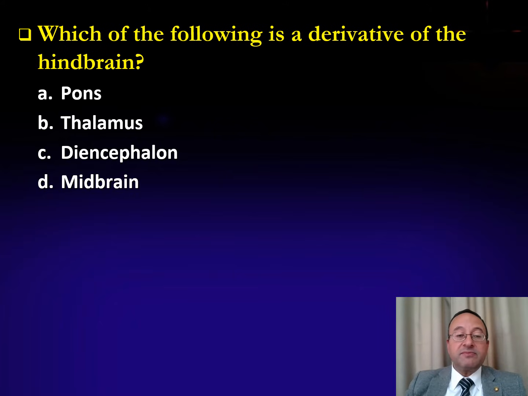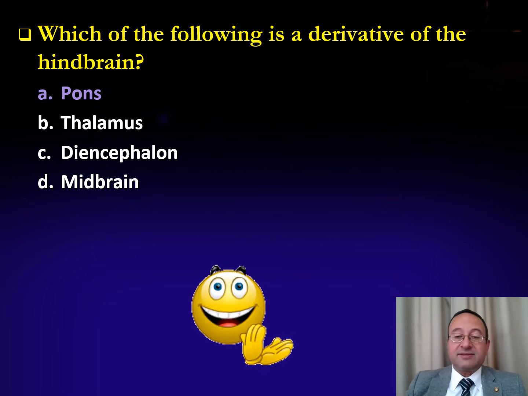The first question: which of the following is a derivative of the hind brain? Pons, thalamus, diencephalon, or midbrain? Yes, think. Pons. Excellent.